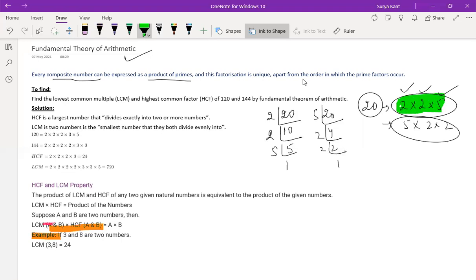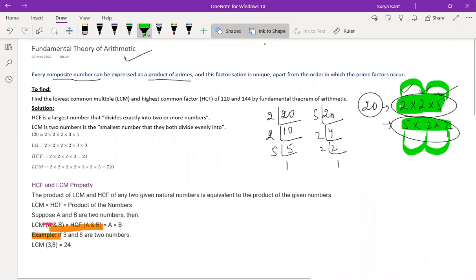Both are different, right? Because in the first part 2 into 2 into 5 is coming, but in the second part 5 into 2 into 2 is coming. So every composite number can be expressed as the product of primes, and this factorization is unique apart from the order in which the prime factors occur.